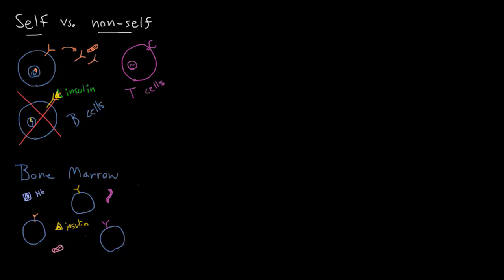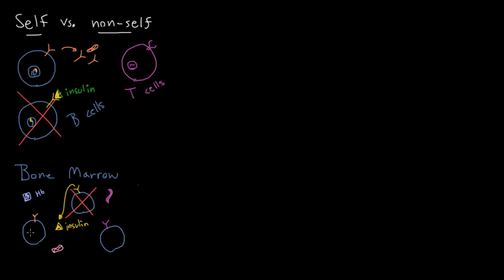And so what your body does at this stage in development is it says, whatever B cell binds to something with its B cell receptor in the bone marrow will be killed. And so this B cell right here that recognizes this insulin protein, the fact that it recognizes it means that it'll bind, and that'll cause a little bit of a chemical change in the B cell or something, and one thing will lead to another, and the whole system will be programmed so that as a result, this guy will die.